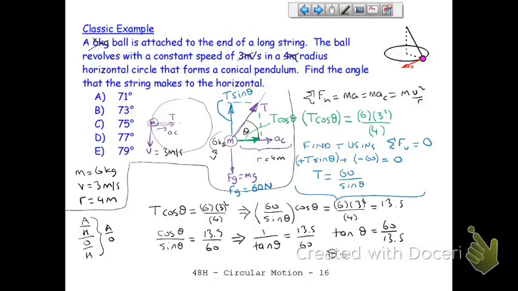So theta is equal to tan to the minus 1 of 60 over 13.5, which equals, so I grab my calculator and I look to see I'm in degrees, and I go second tangent, 60 divided by 13.5 equals, and I'm getting 77.3 degrees.